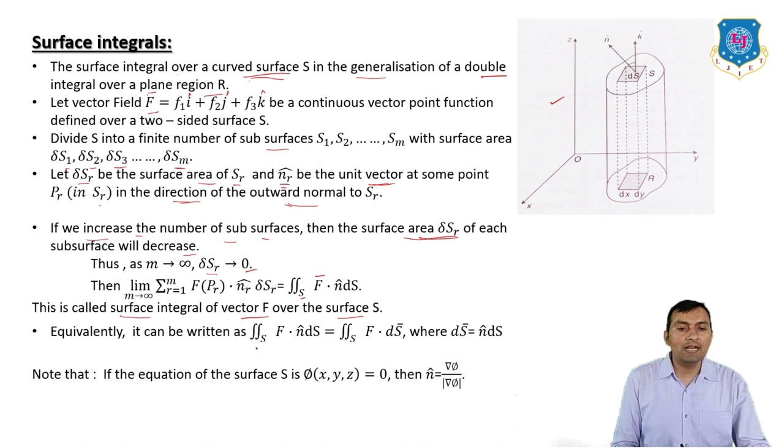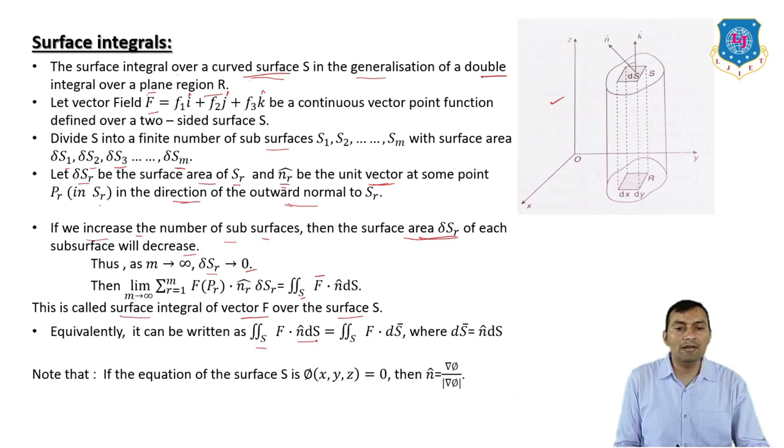Equivalently, we can also write the double integration of the vector field F dot n cap dS over the surface S, or simply you can say that the double integration of the vector field F(r) over the surface S is given by double integration F dot dS bar.